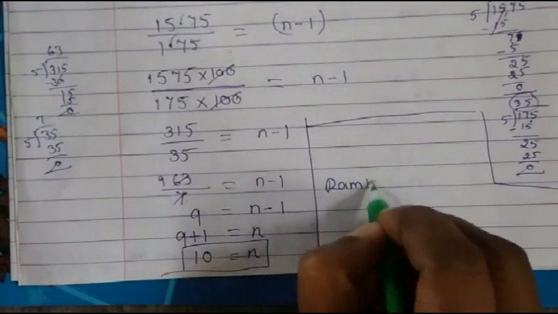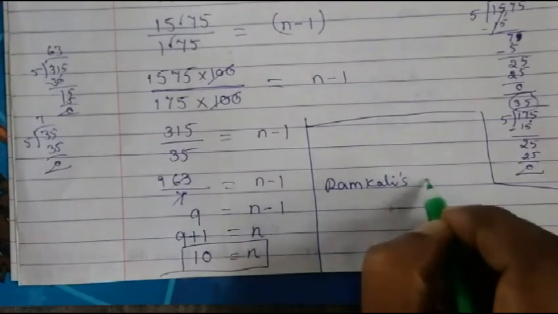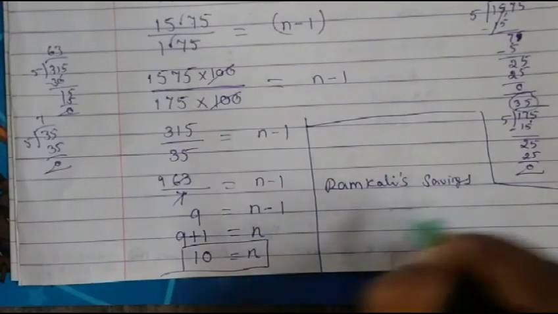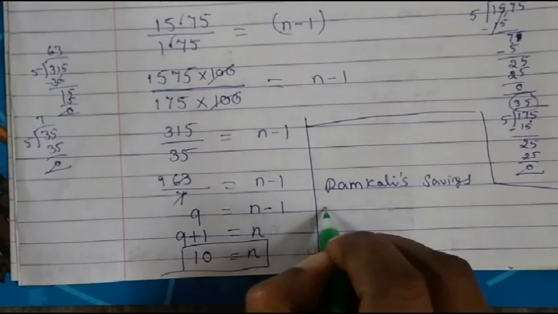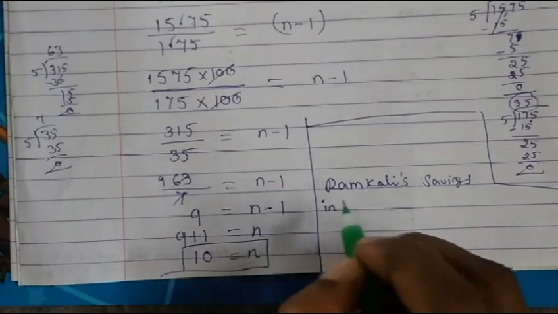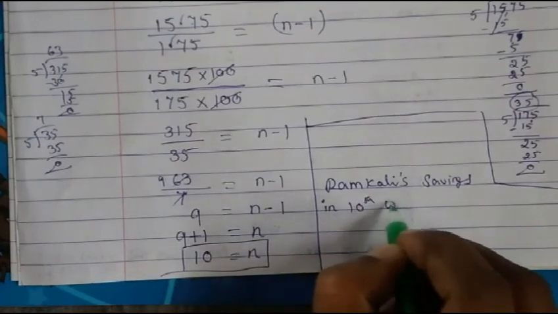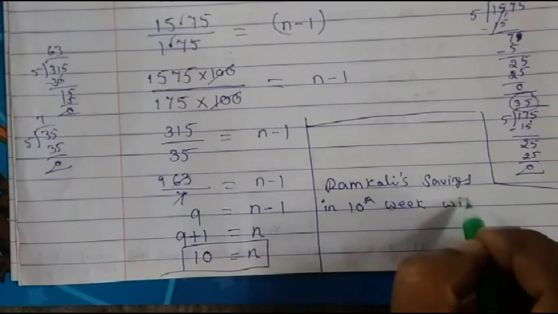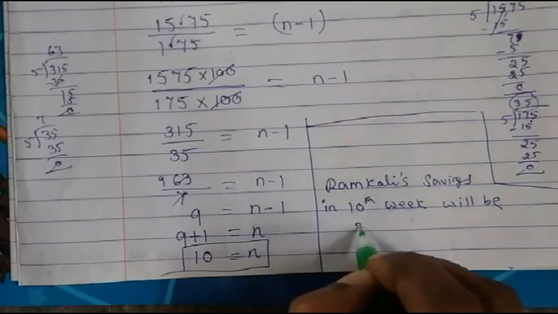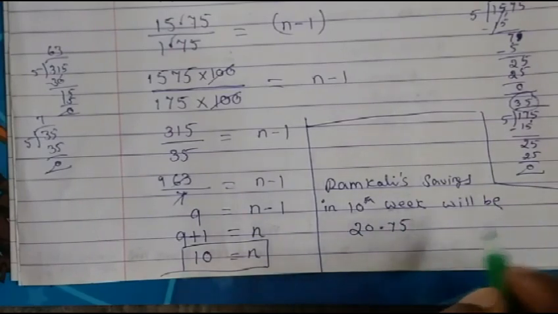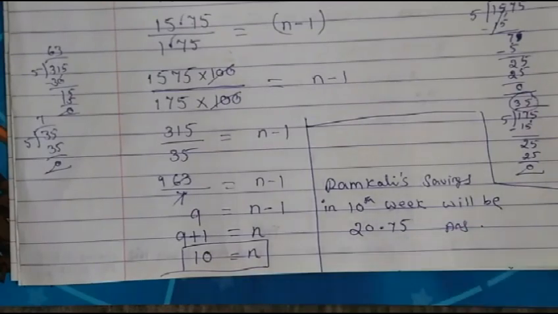So Ramkali's savings in the 10th week will be 20.75. That's our answer. That's it. Thank you.